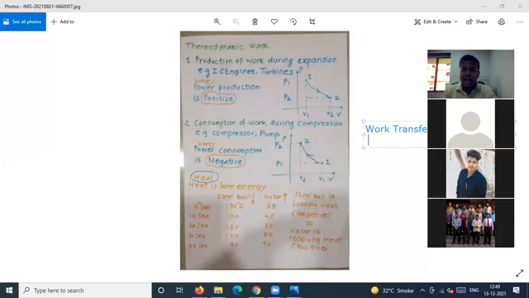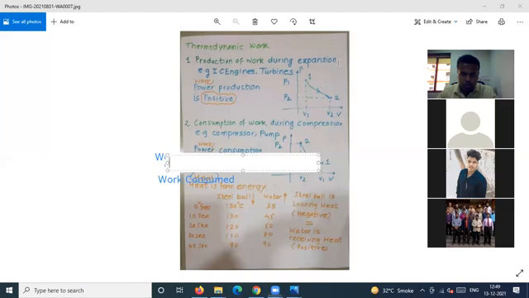Work transfer indicates that work is produced, or work is consumed. So there are two possibilities. What do you understand by work transfer? Work transfer is nothing but either work produced or work consumed.